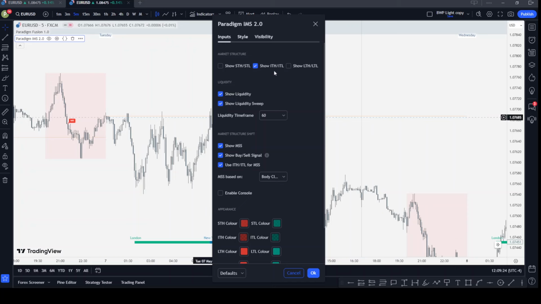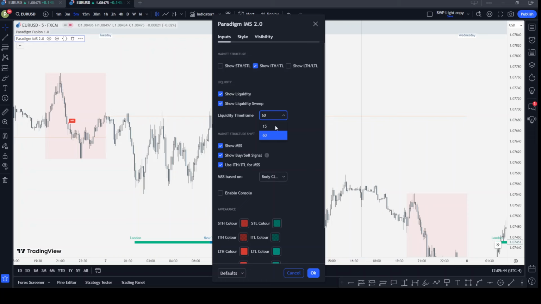For example, if I use 5 minutes as my time frame. This is the older version of the indicator.